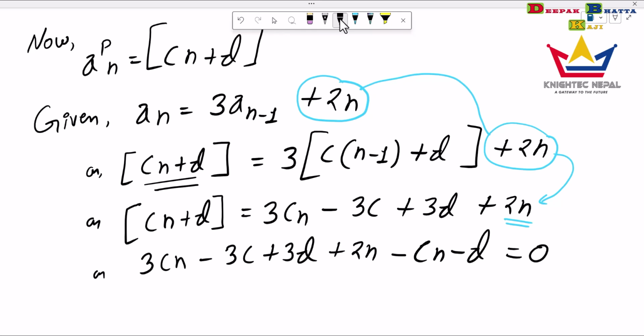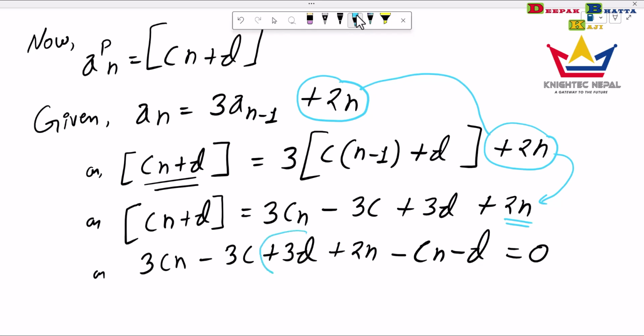So we make this equation. So now subtract the terms, means make the same term.